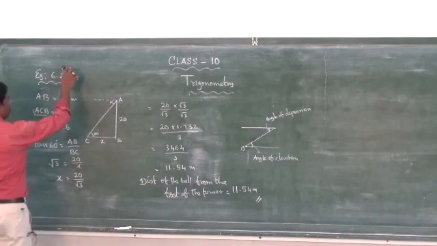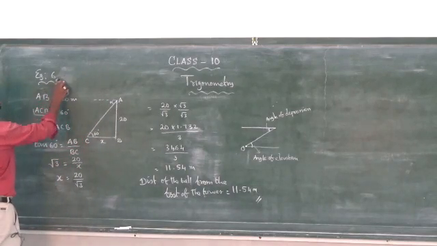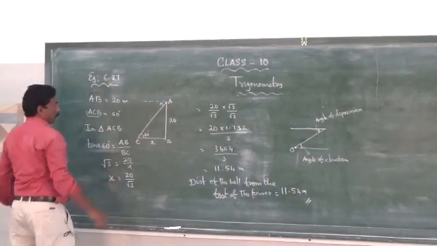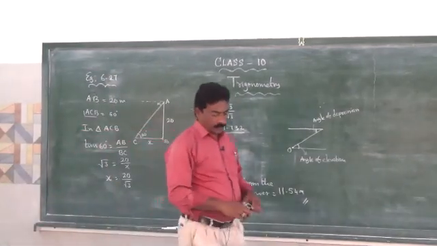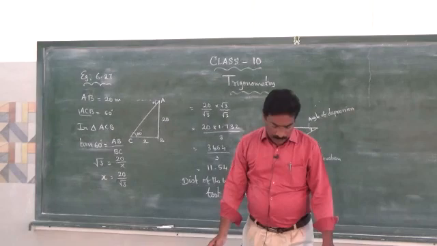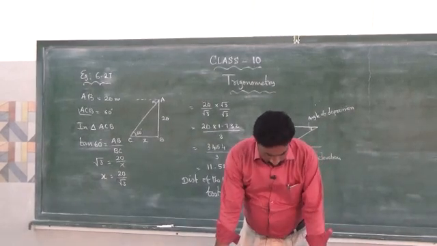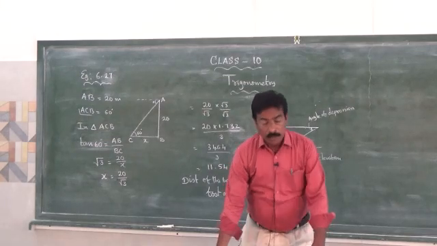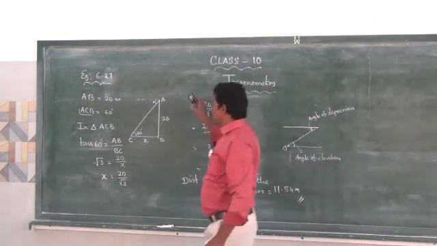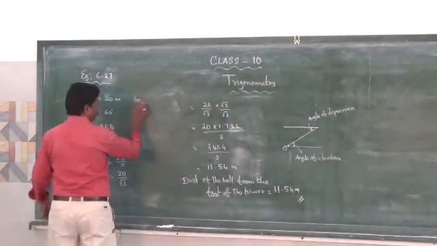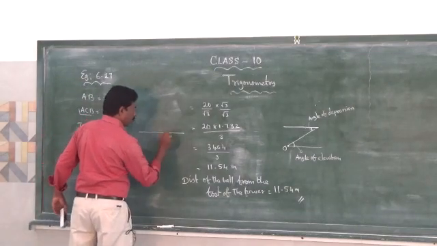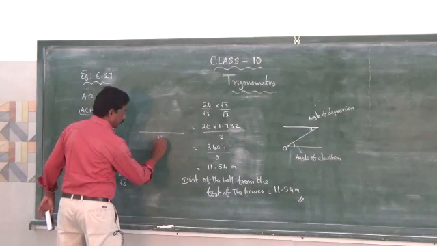The next example, 6.27. The problem goes: the horizontal distance between two buildings is 140. There are two buildings. The horizontal distance between two buildings is 140 meters.